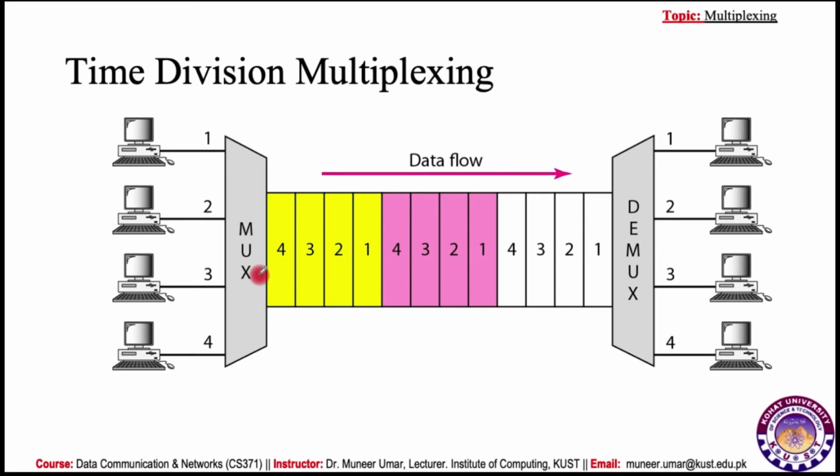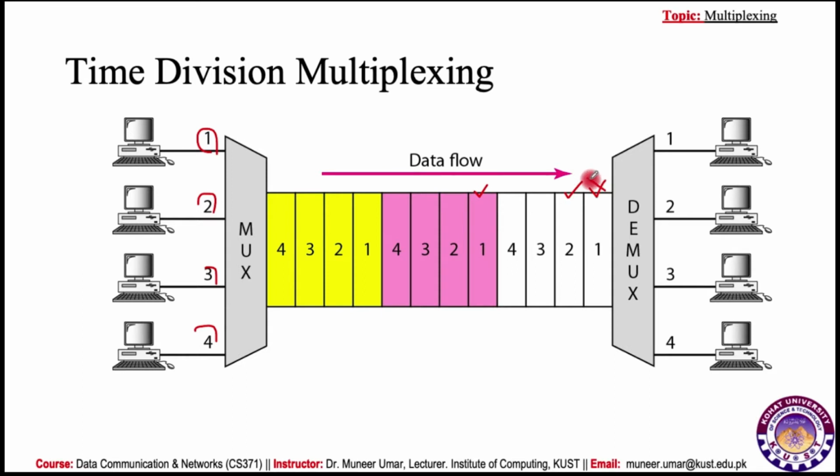Here, if you look into this figure, we have four users connected with a multiplexer. These are identified by 1, 2, 3, and 4. In the channel, each user is given a particular period of time. So 1 is given a time, then after that 2, 3, and 4, and again 1.